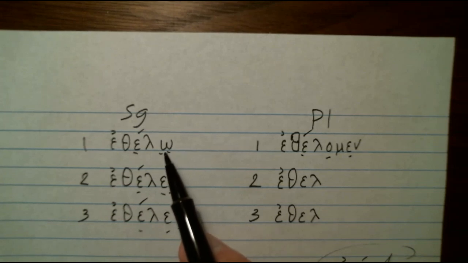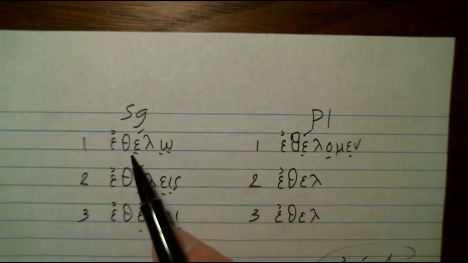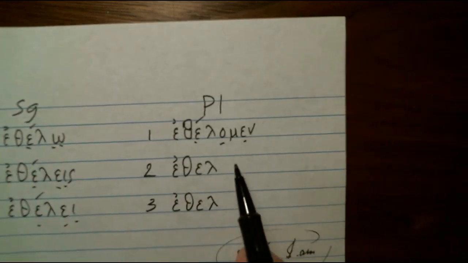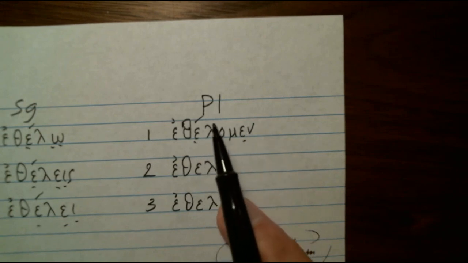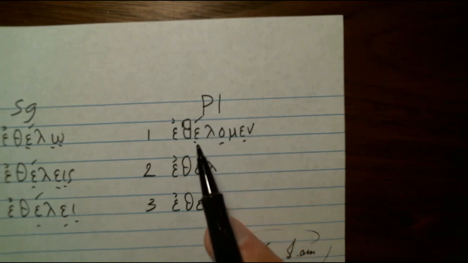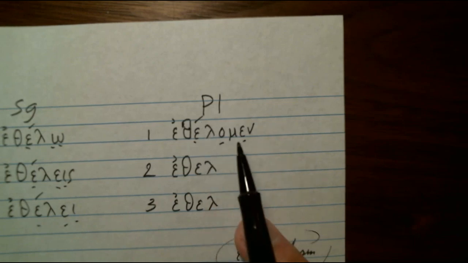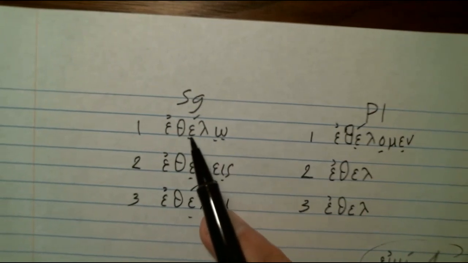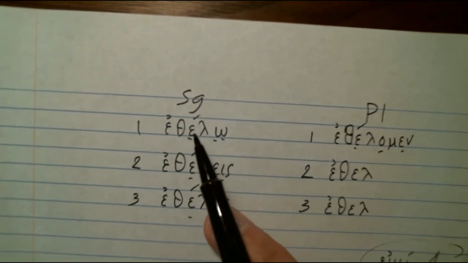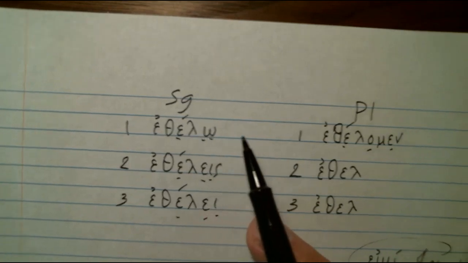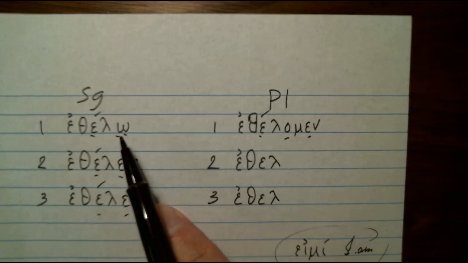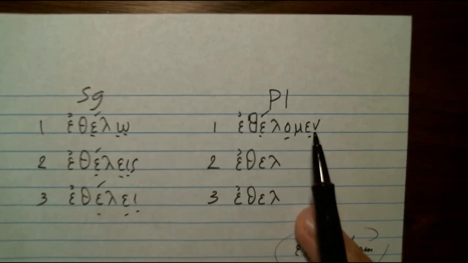Omega is always long, but you have the 2 mores there, right? So you're only going to have the accent 2 syllables from the end. Whereas here, you have short, so you can afford to have the accent be further out from the end because you still have the 3 mores here, okay? So 3 mores, accent. 3 mores, accent. The accent here is on the penult. Accent here is on the antepenult. 2nd to last syllable, 3rd to last syllable, okay?